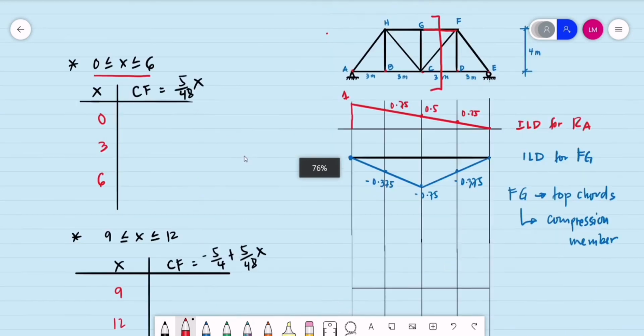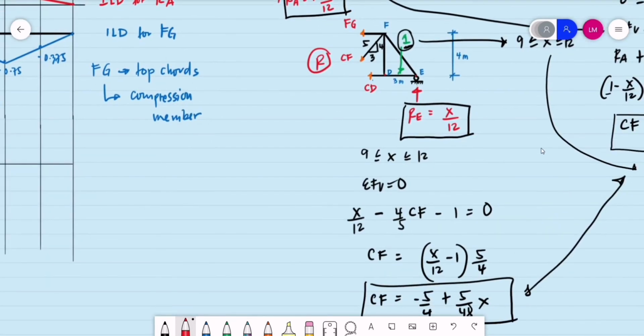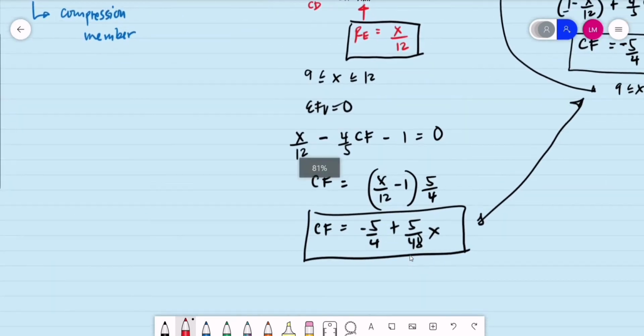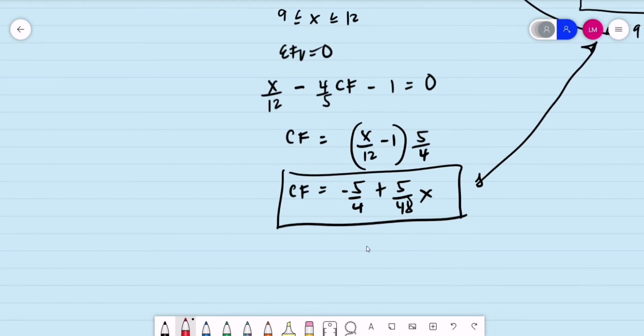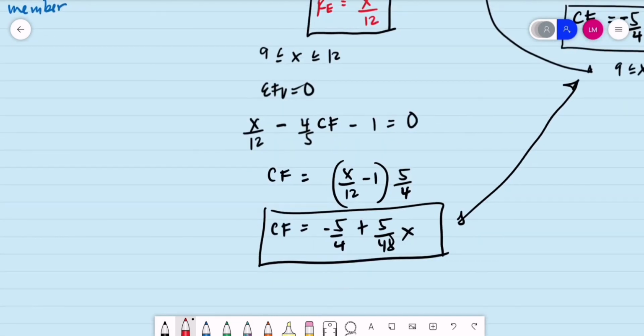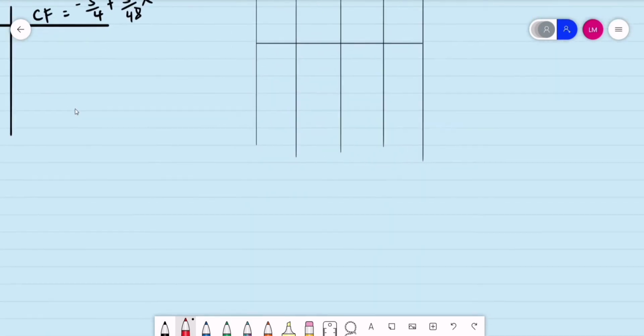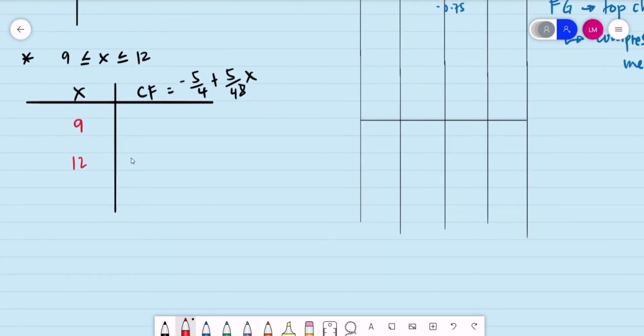Then the other equation, for the interval 9 to 12, that is CF is equal to negative 5 over 4 plus 5 over 48 of x.